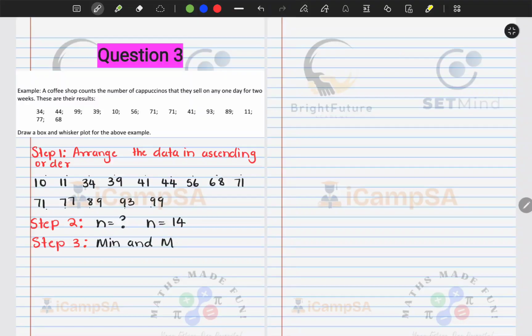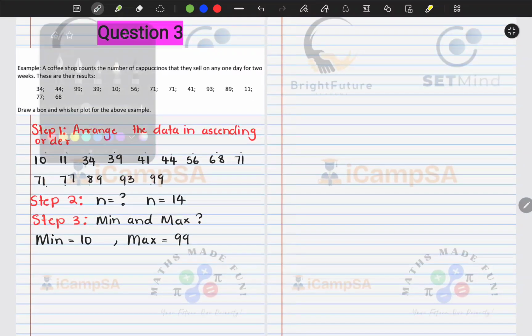That is very easy. The minimum is the first term, which is 10, meaning in one of the days they could only sell 10 coffees. And the maximum is the last number, that is 99. So in one of the days, they were able to sell 99 cappuccinos.